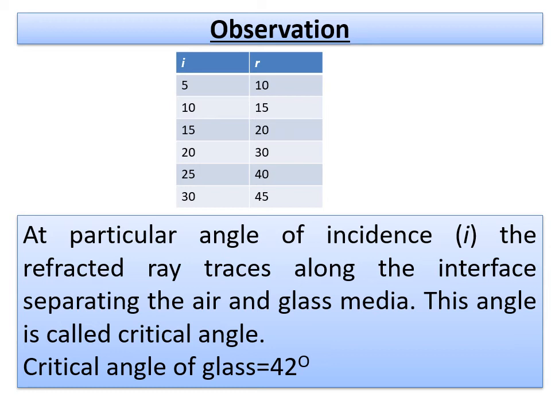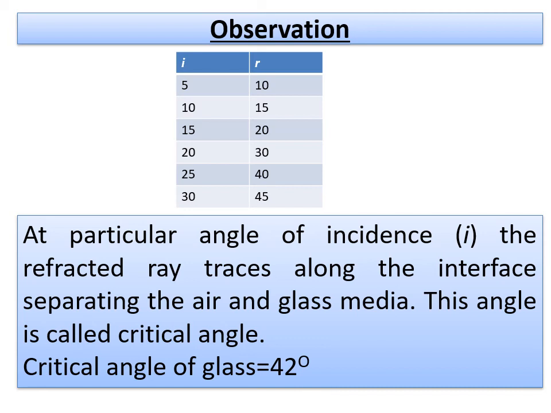Here, if you observe, I 5 R 10, I 10 R 15, I 15 R 20, I 20 R 30, I 25 R 40, I 30 R 45. As in the activity, I have increased I to 35, 40, above 40 and 45. I have seen the refracted ray trace along the interface separating the air and glass media.